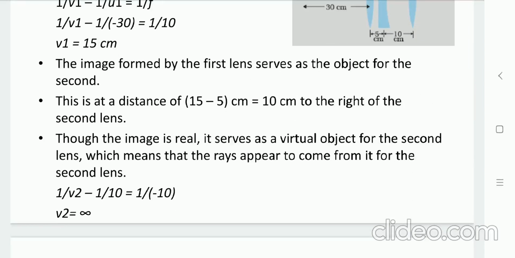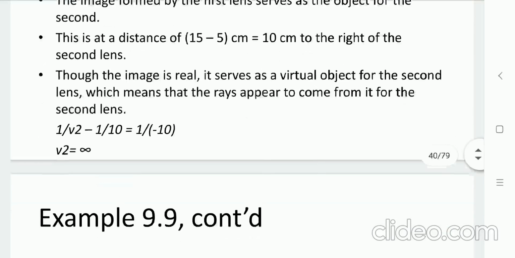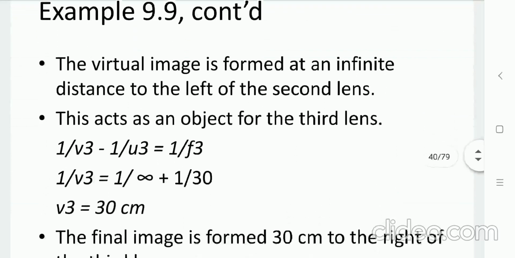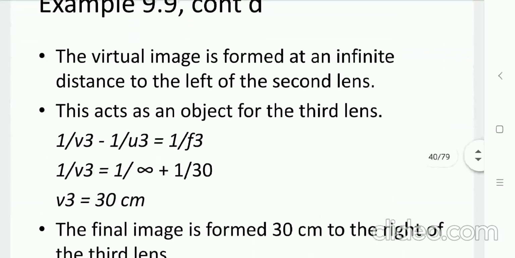Now consider the image generated by the second lens as the object for the third lens and place the values in the equation: 1 upon V3 minus 1 upon U3 equal to 1 upon F3. We want to derive V3. U3 is infinity, since the image generated by the second lens is at an infinite distance, so that is the object distance for the third lens.